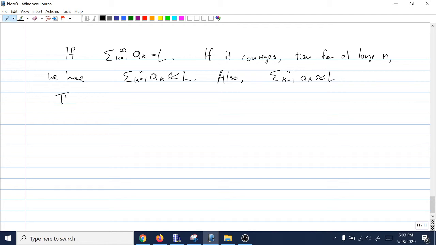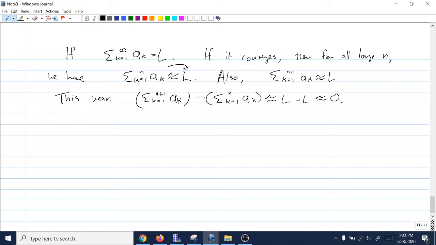This means the difference between them, the sum of the first n plus 1 terms minus the sum of the first n terms, is about L minus L, which is about 0. I could be more specific and technical than I'm getting.